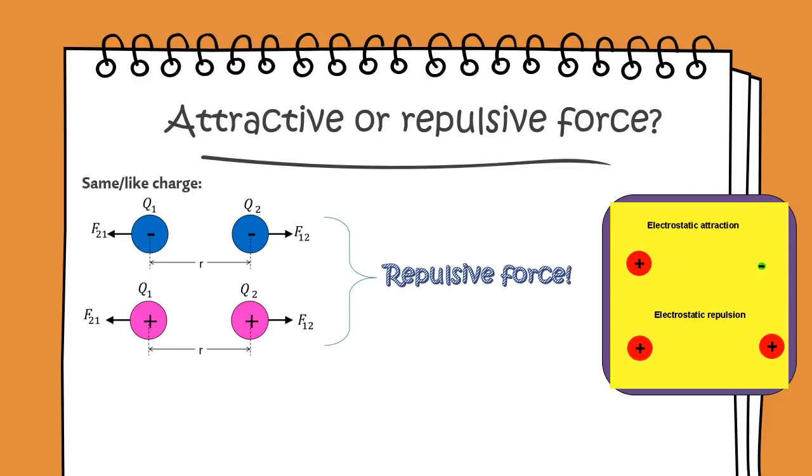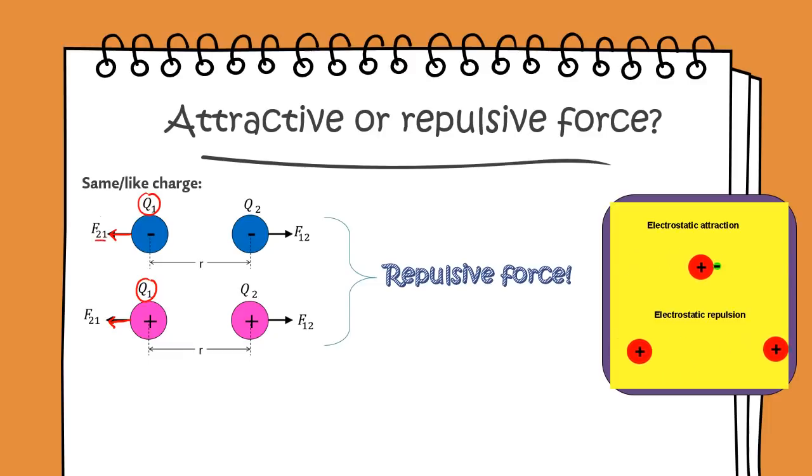Let's see the direction of the repulsive force on charge Q1 and charge Q2. For the charge Q1, the repulsive force is to the left, and we will label it as F21.